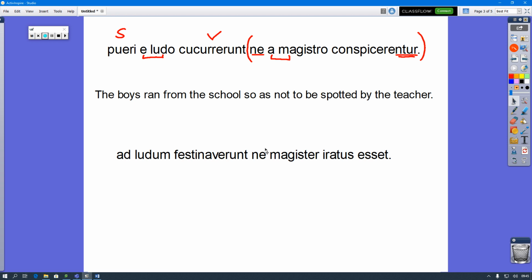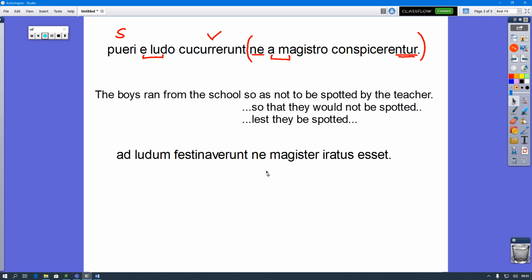There are other ways of translating this as well though. I could have so that they would not be spotted by the teacher, or I could have, if I'm very old-fashioned, lest they be spotted. I would suggest the first two of those are better. The boys ran from the school so as not to be spotted by the teacher, or so that they would not be spotted by the teacher.